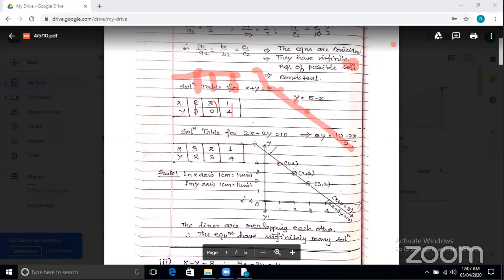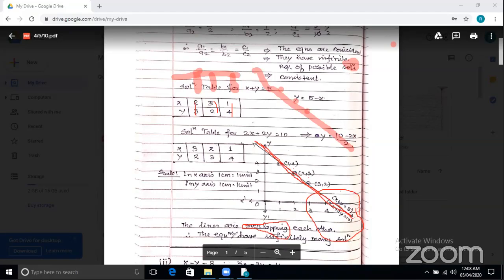Therefore, that is also the same line. Both the equations have the same line, one over the other. Therefore, these two equations are overlapping each other.